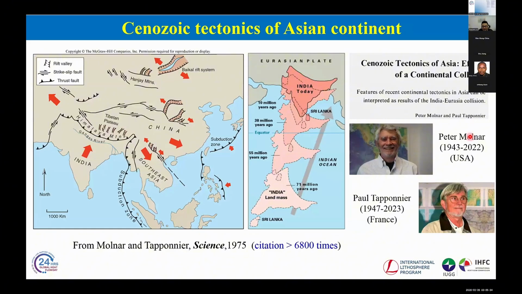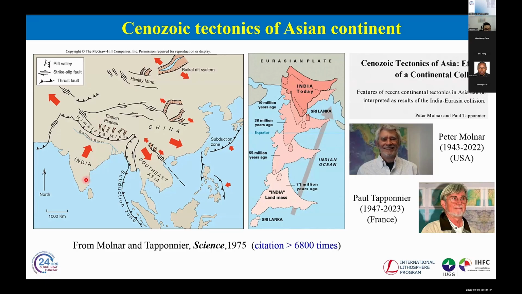Another seminal work was proposed by Professor Peter Molnar and Paul Tapponnier in 1975 in Science. They investigated the Cenozoic tectonics of the Asian continent. As shown in this picture, we can see they used the effect of the continental collision between the Indian continent and the Eurasian continent.